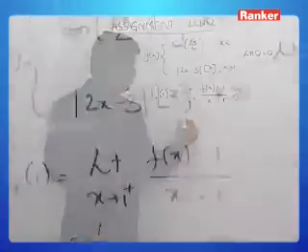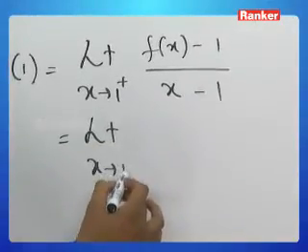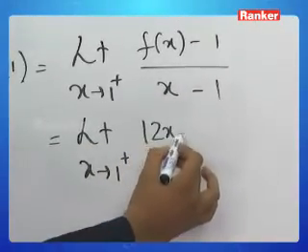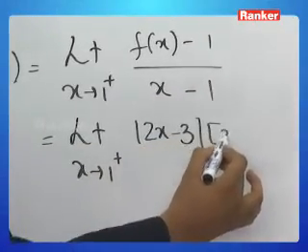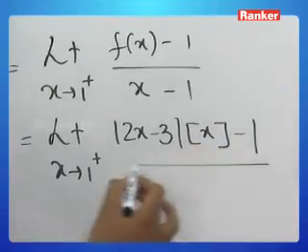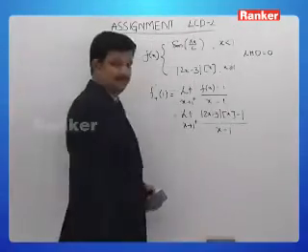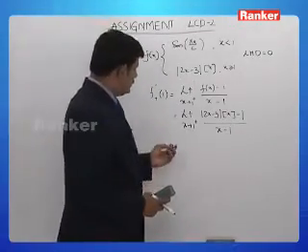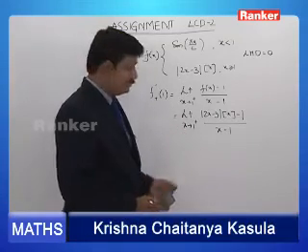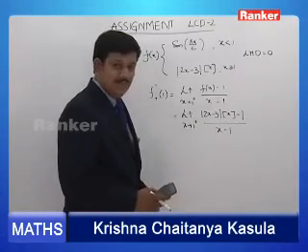So, we have to evaluate limit x tending to 1 plus mod 2x minus 3 into step x minus 1 divided by x minus 1.